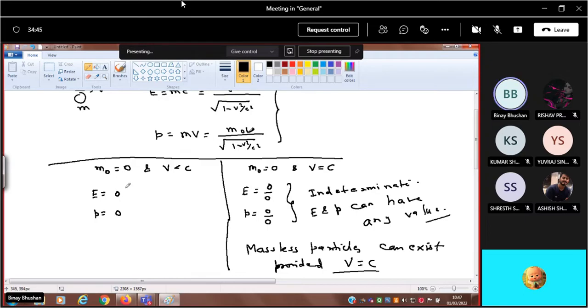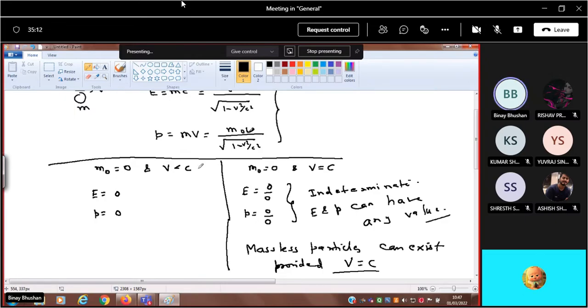That means if a particle has some semblance of mass, then it cannot move with a speed equal to the speed of light. So from here also we are getting the confirmation that a material particle cannot move with a speed equal to the speed of light in free space.